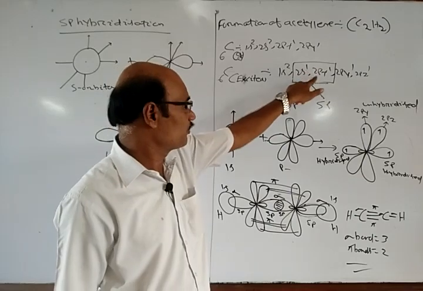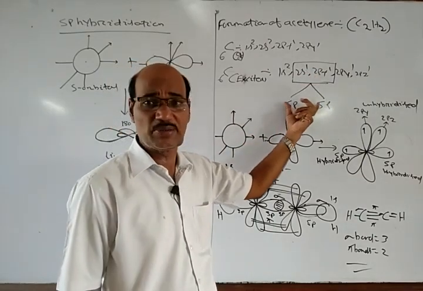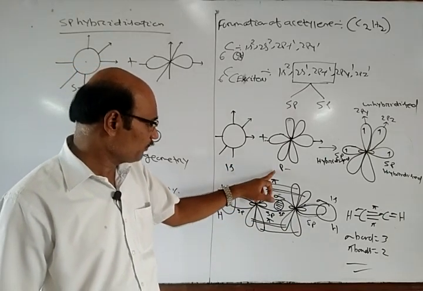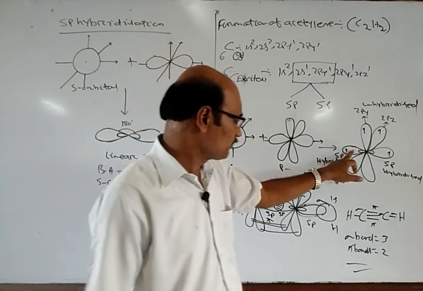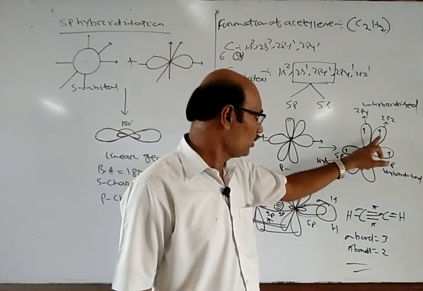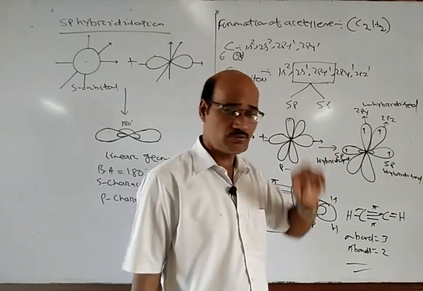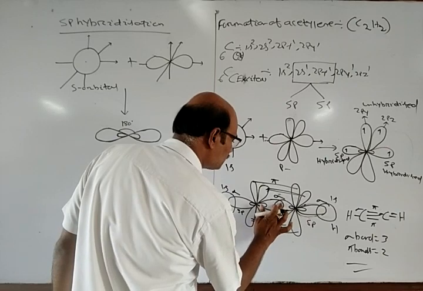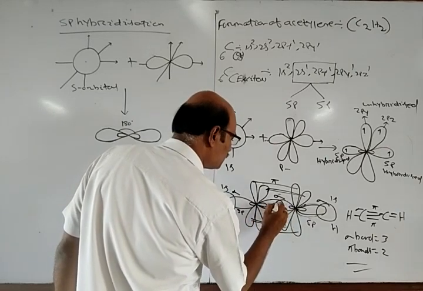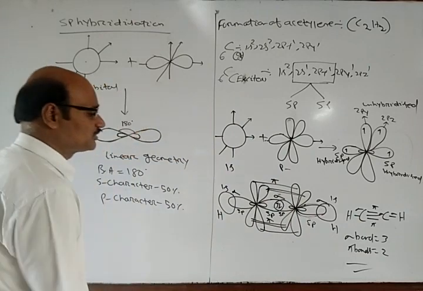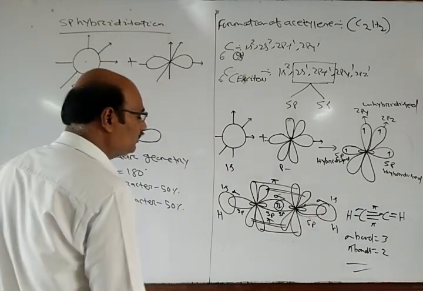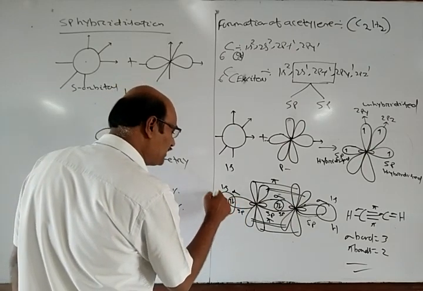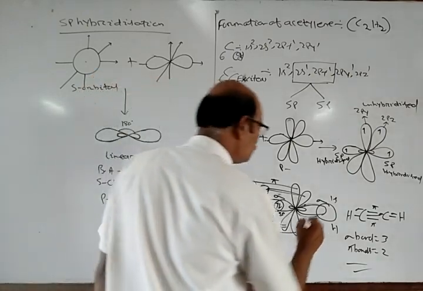Now, 1s and 1p form two sp hybrid orbitals, leaving two unhybridized orbitals, 2py and 2pz. One sp hybrid from each carbon forms an sp sigma bond, and the other sp of each carbon forms a sigma bond with the s orbital of a hydrogen atom.